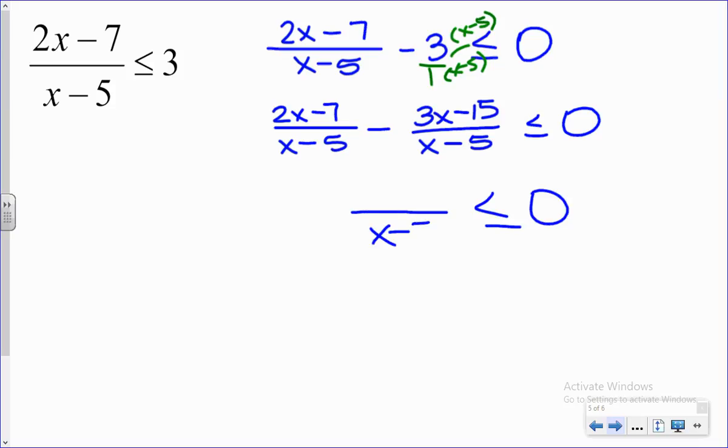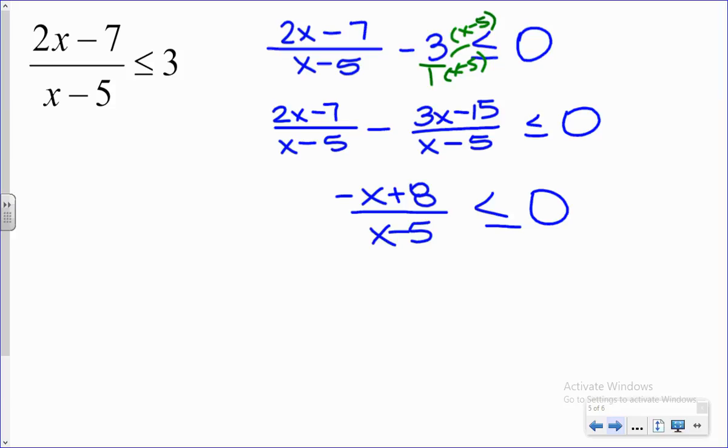Our denominator stays as x minus 5, but we are subtracting this entire fraction. So 2x minus 3x would be negative x, but we do have negative 7 minus negative 15. So if you need to put that subtraction through, you can, or just remember that we're subtracting. But we end up getting negative x plus 8 all over x minus 5. Okay? It's going to be a little simpler to work with anyway.